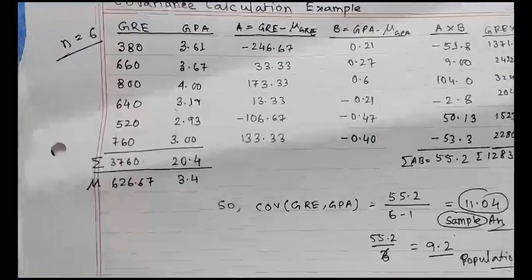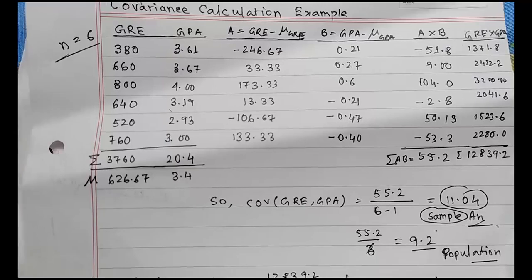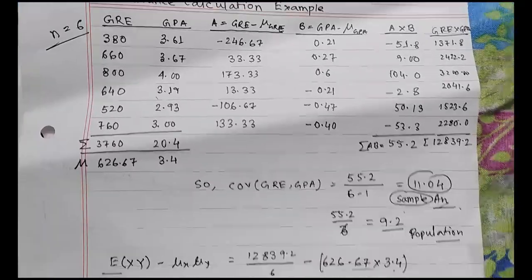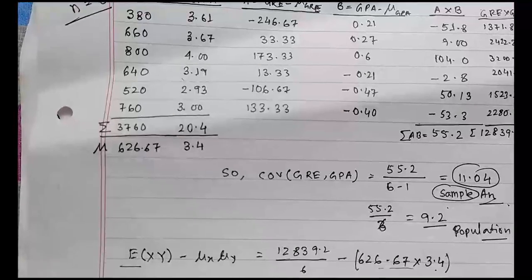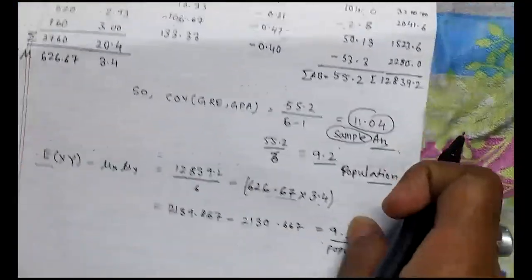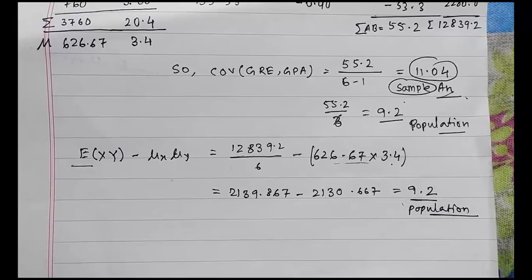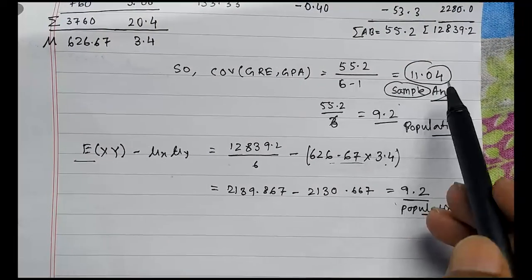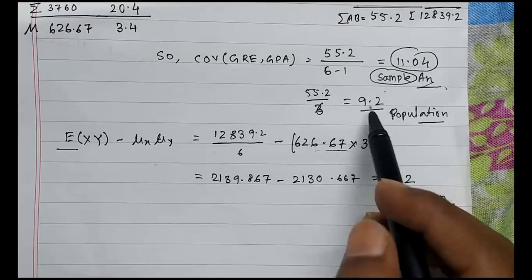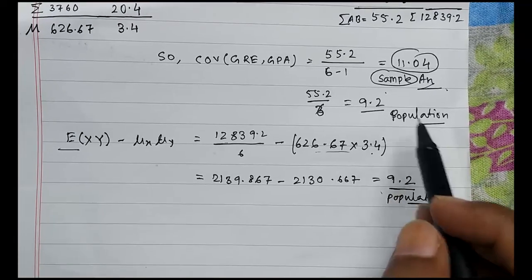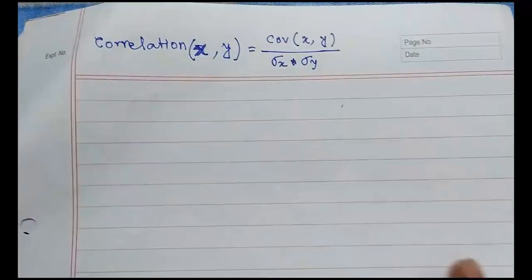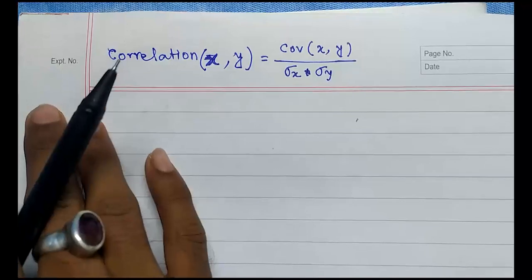Here is the dataset where I had taken two variables, GRE and GPA, where n is equal to 6, and I have already found the summation and their average. I also found the covariance in the same example. The covariance is 11.04 in the case of a sample, and if it is a population then the covariance is 9.2. Now I will use this formula to find the correlation between them.